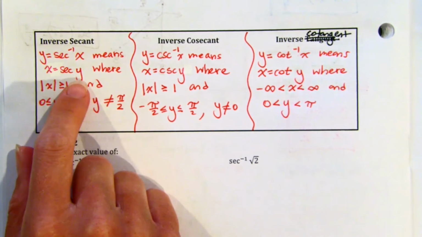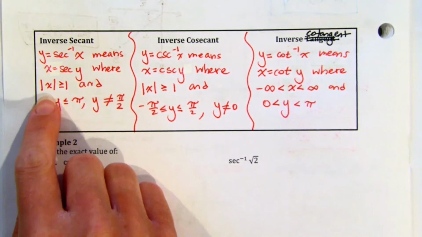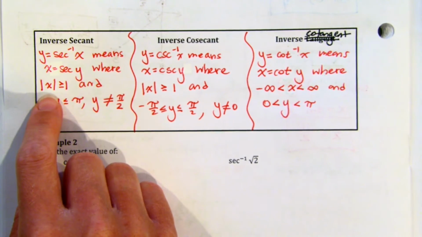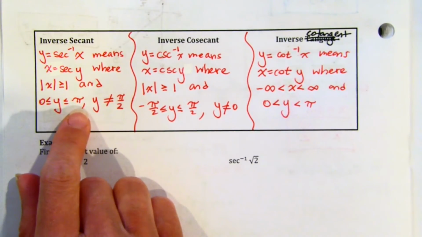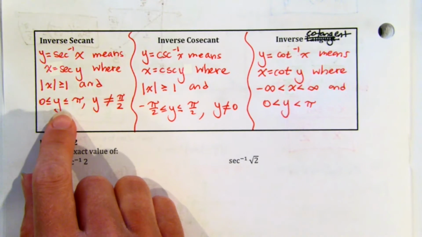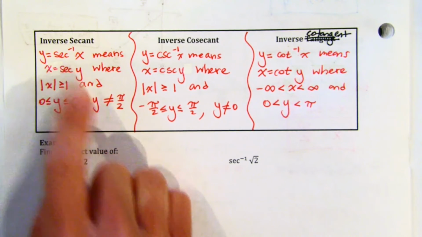Or what angle would give us that secant value? Where the absolute value of our x value is going to be greater than or equal to 1. So essentially, our x values can't be between -1 and +1, and our y value has to be between 0 and pi. That makes sense because remember, secant's reciprocal function is cosine.